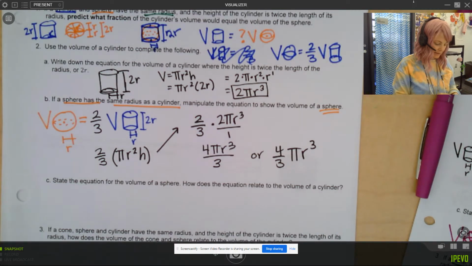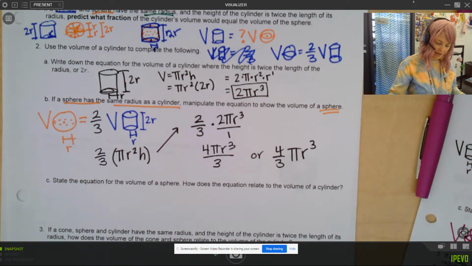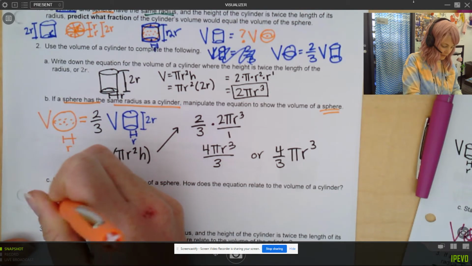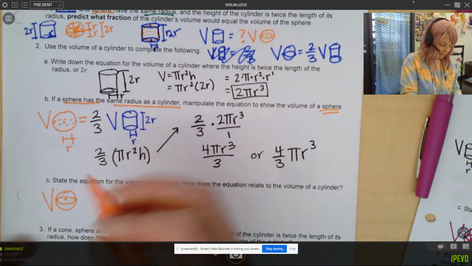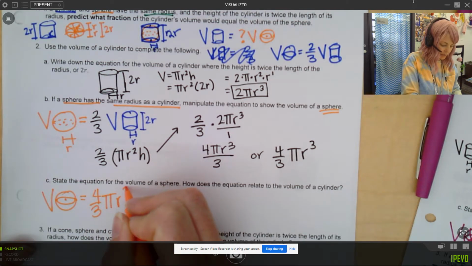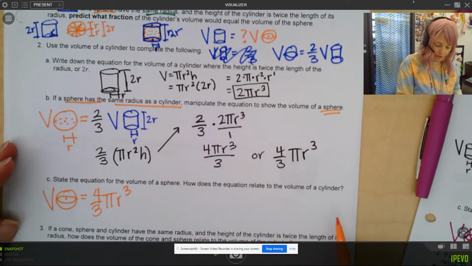Okay, so it says state the equation for the volume of a sphere. Well, we know that the volume of a sphere is equal to 4/3 pi r cubed. And how does this equation relate to the volume of a cylinder?